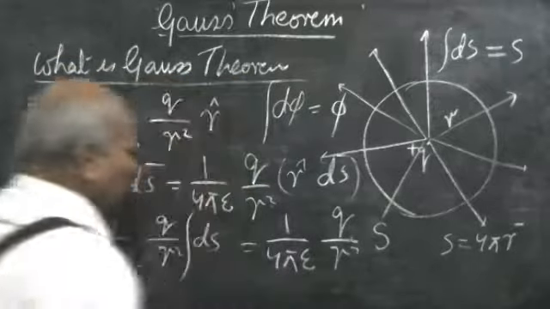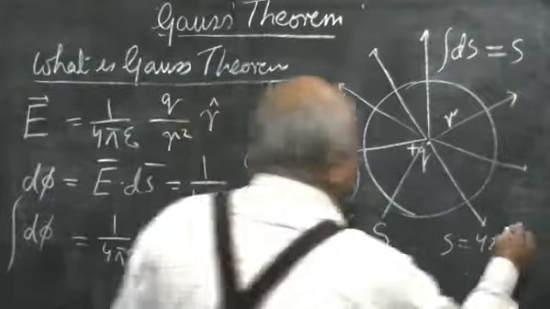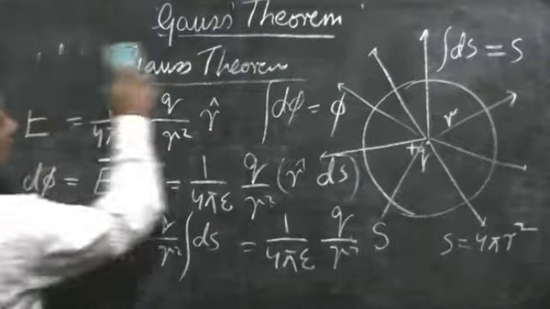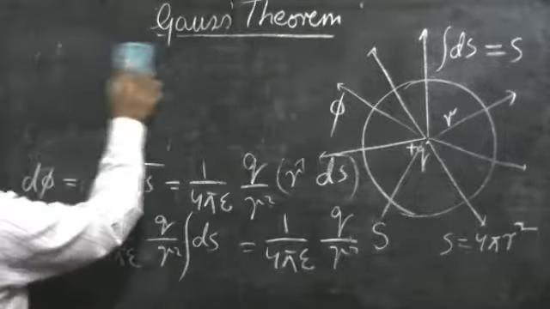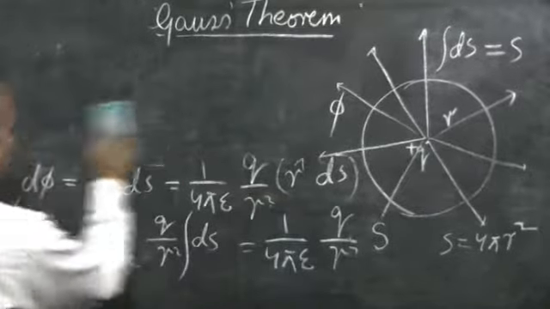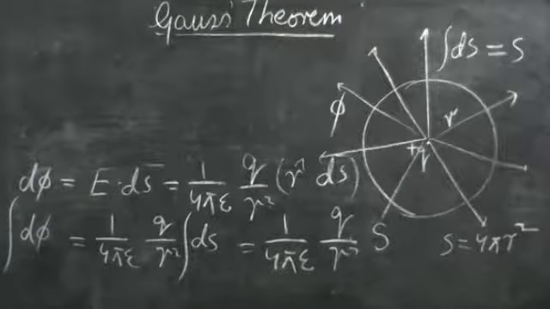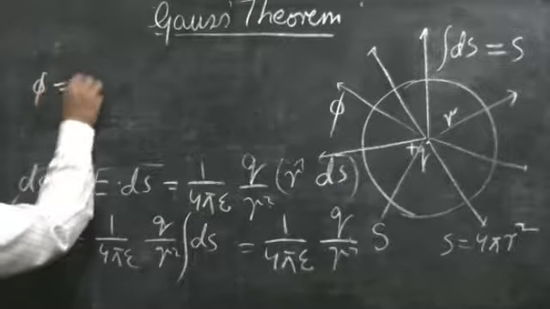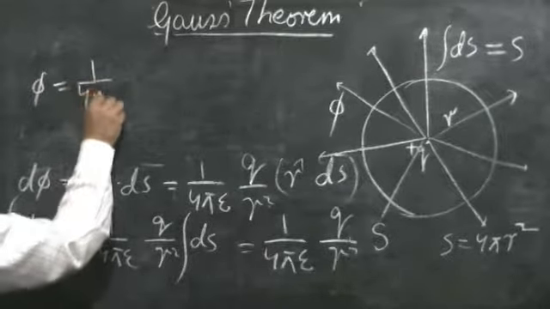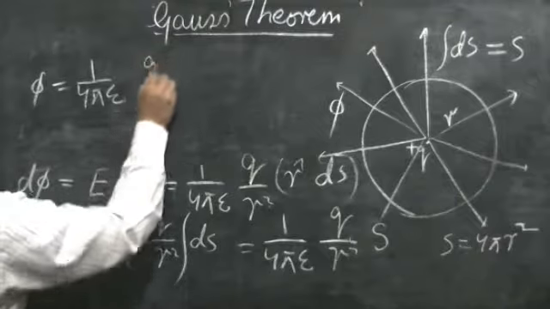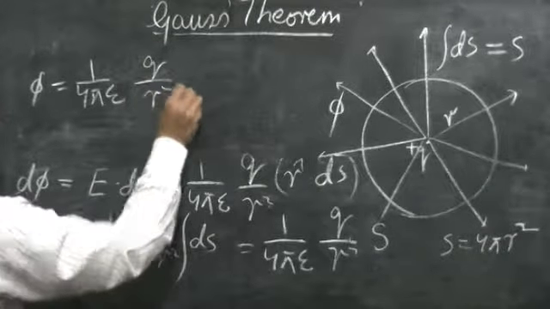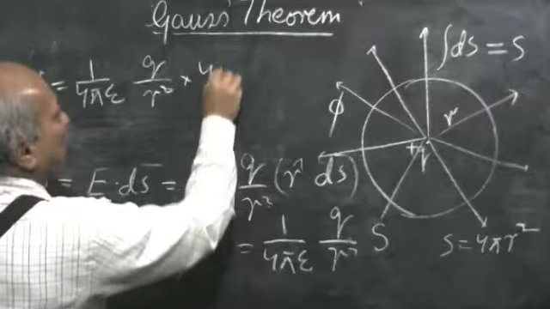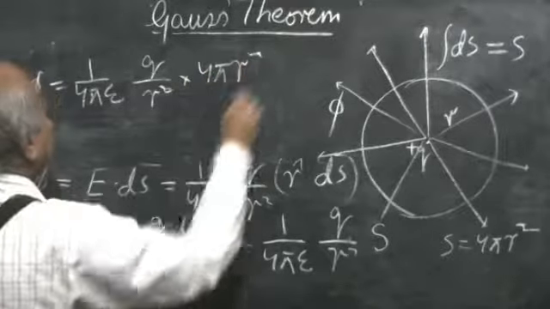Now this flux is equal to 1 upon 4 pi epsilon naught, q upon r square, into 4 pi r square.